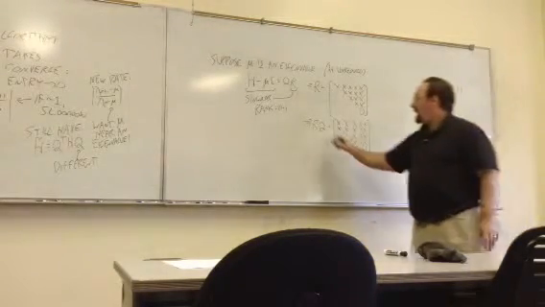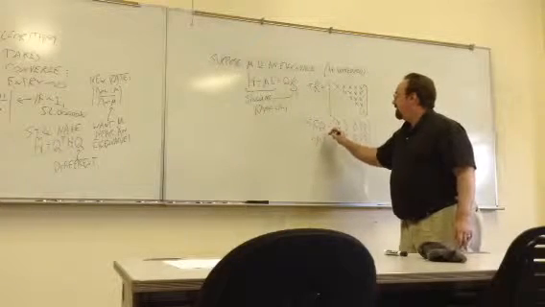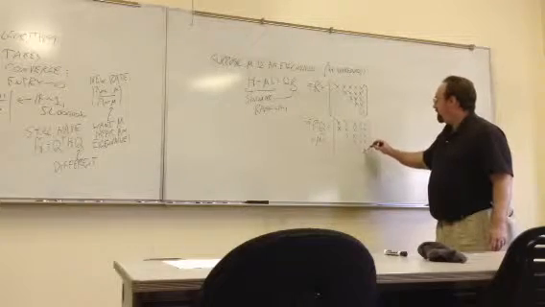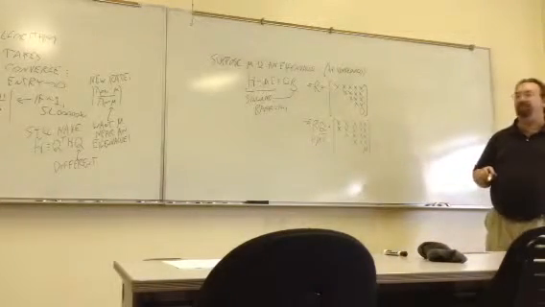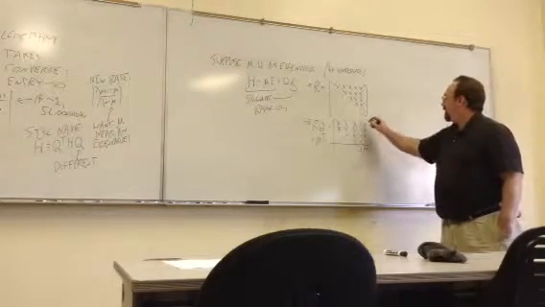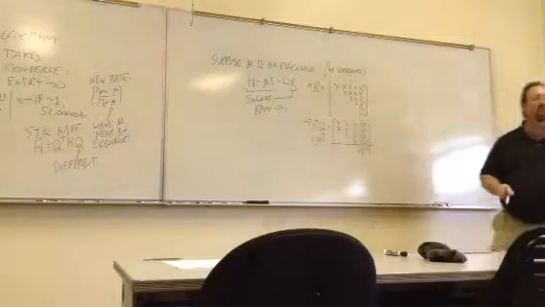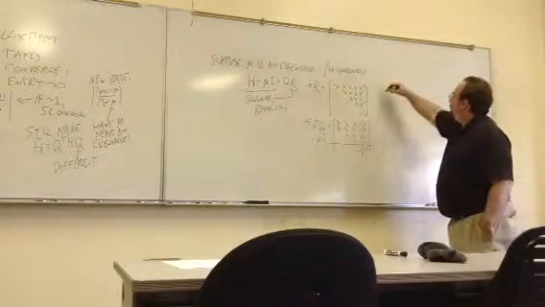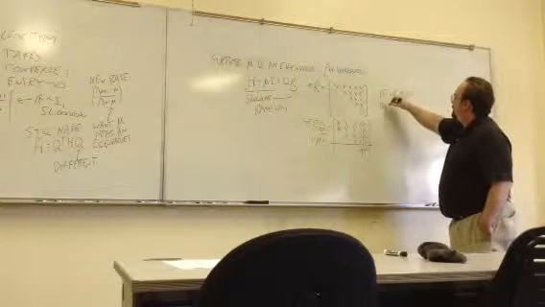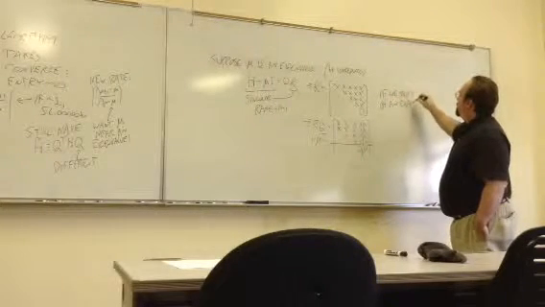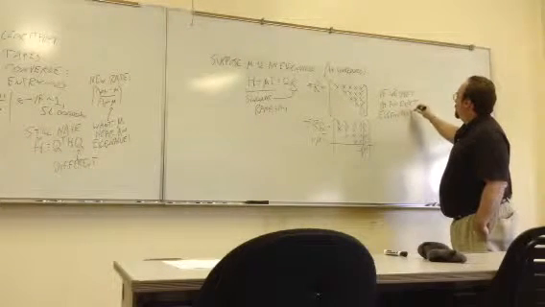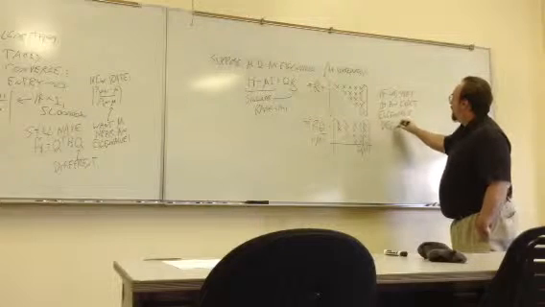Then I add the shift back. That only affects the diagonal, and I get a mu. But I still have a 0 down here. So I get decoupling. So in words, what happens is if we shift by an exact eigenvalue, then decoupling happens in one step.